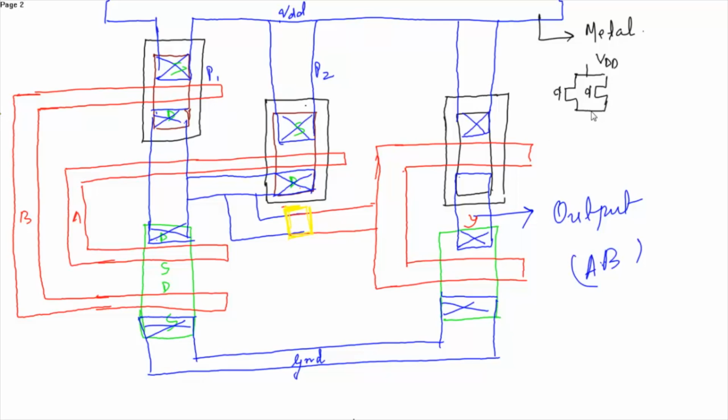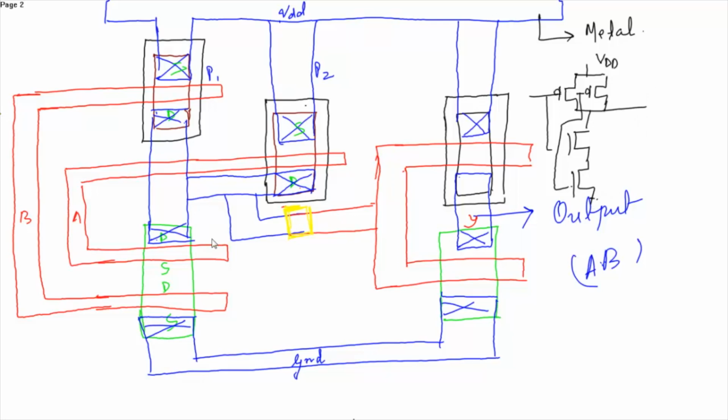Okay, now it was connected to two NMOS, then they were shorted, and this was the common output.